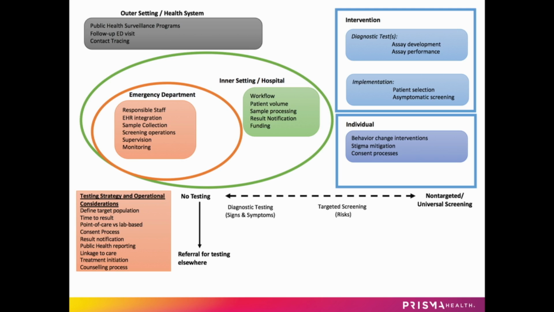And then this last block here is really the nitty gritty of how to operationalize this. And this is, again, a model of things to think about when you are starting an HIV or hepatitis program. You don't necessarily need to check off every single box, but you will likely be asked to think about and address them at some point during the program.